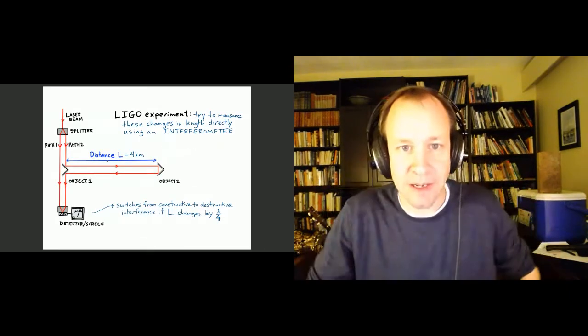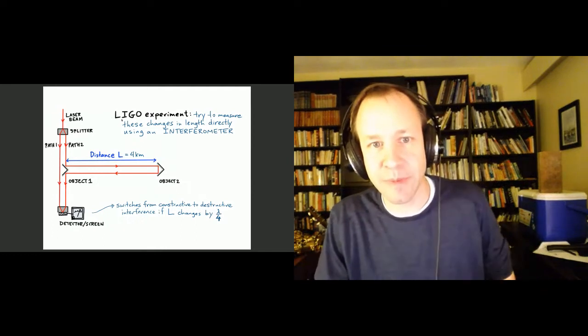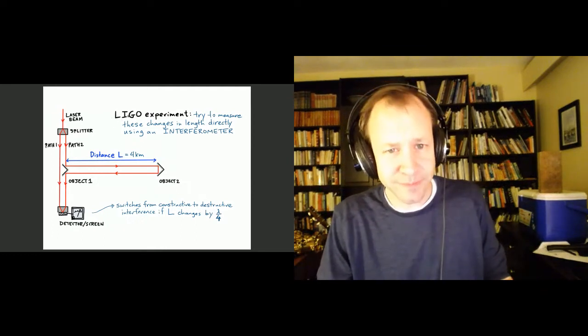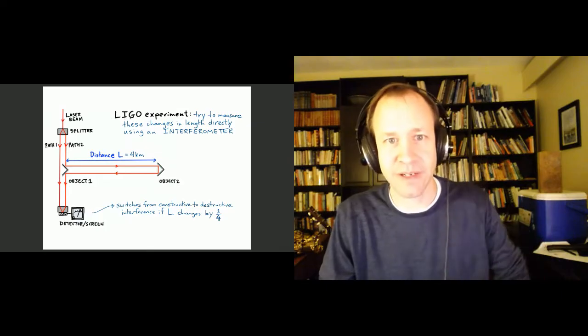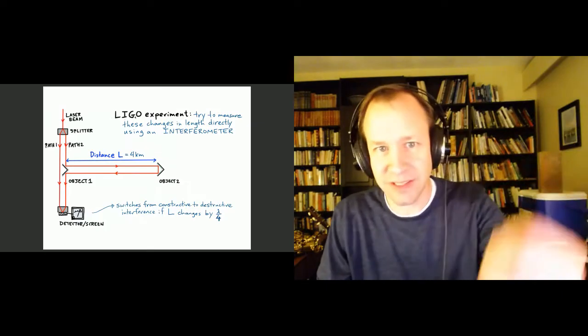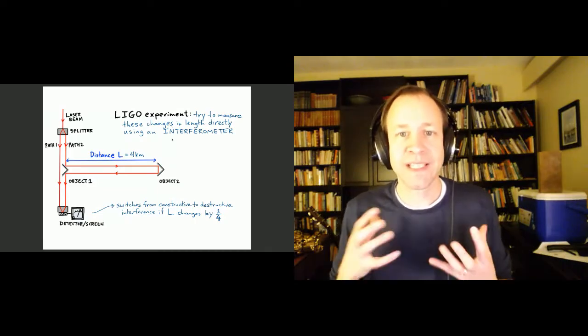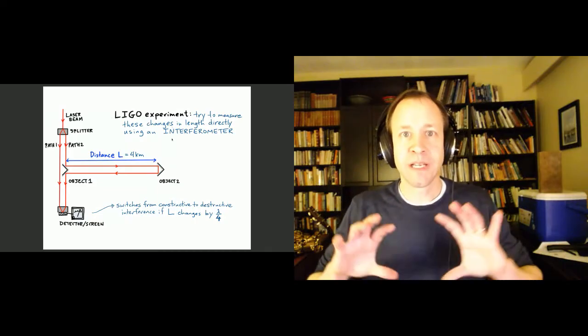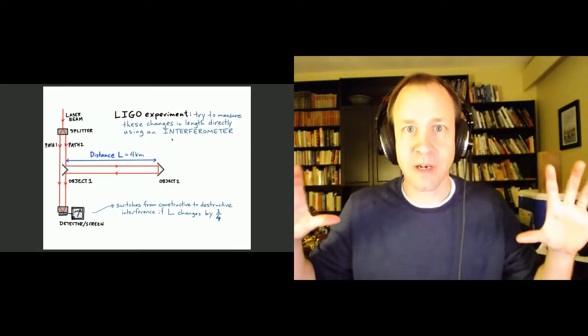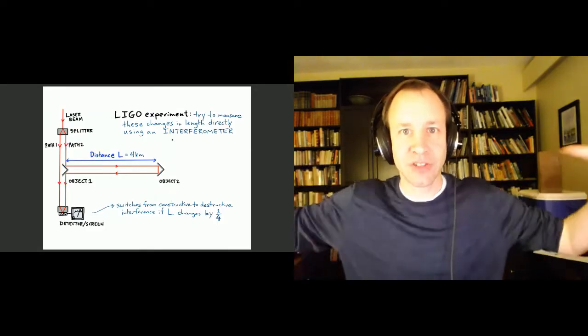So the people on an experiment called the LIGO Experiment, I think this stands for laser interferometer, this is probably gravitational wave, and O is observatory. What they decided to do was build the world's greatest interferometer. And it was a giant interferometer.